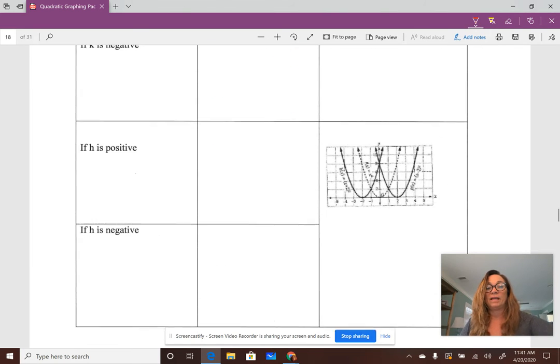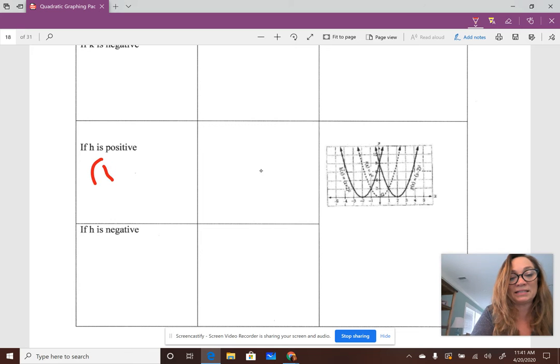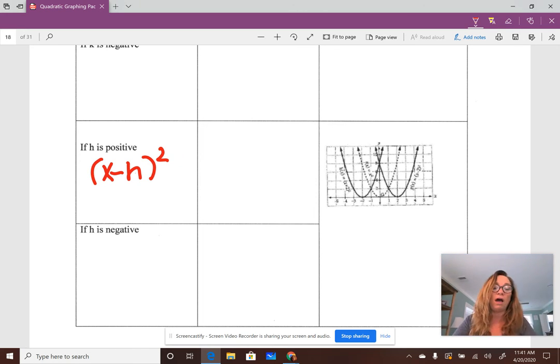Okay. So now we're going in the parentheses. So when h is positive, it looks like it's negative to you because remember that it's x minus h squared. So like you look at it and you're like, oh, that's a negative number. But it's really not. It's really a positive number because when you subtract a positive number, it looks like minus that number.